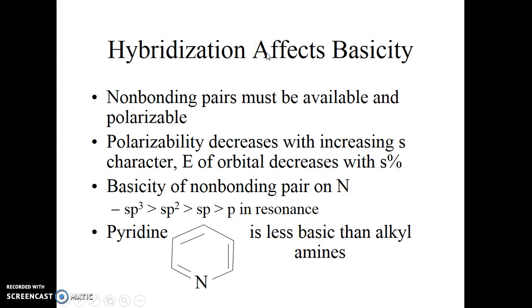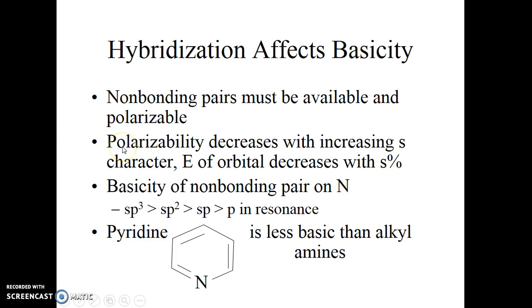As I said earlier, the hybridization affects the basicity of amines. The non-bonding pairs must be available and polarizable. Polarizable means that it's easily pulled and pushed. And if you have a polarizable non-bonding pair, it can be protonated more easily.